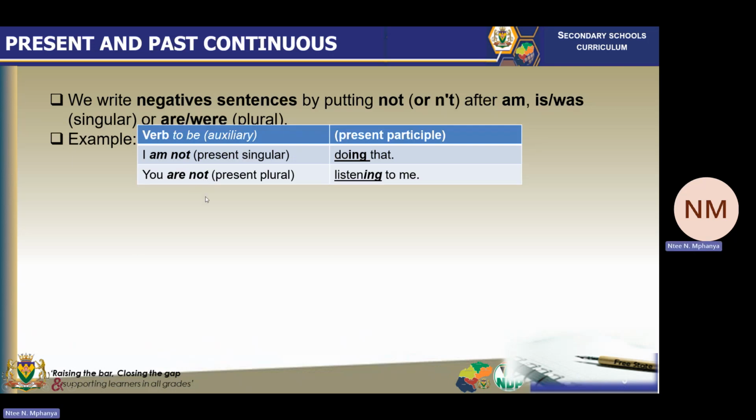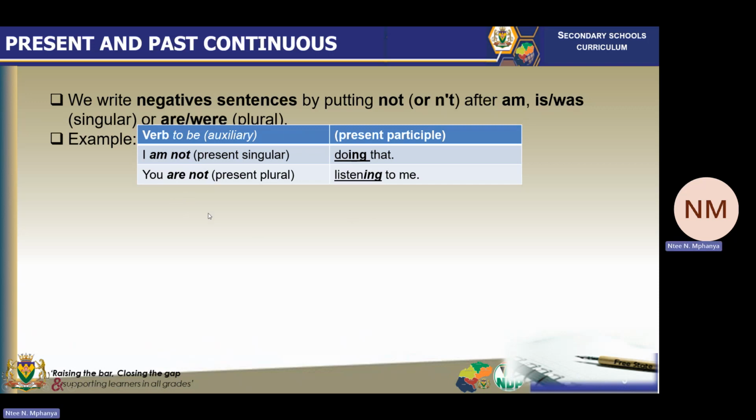Let us look at the negative. The positive statement would have been, I am doing that. But now that we are negating this statement, we say, I am not doing that.